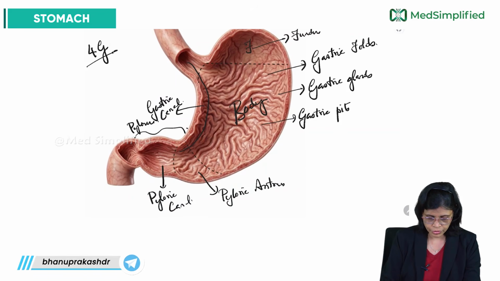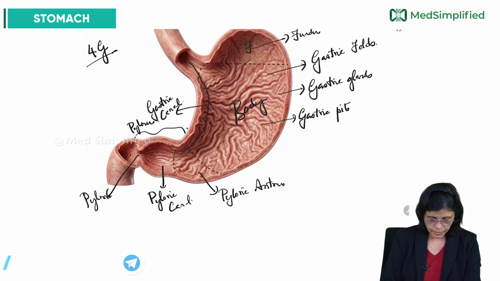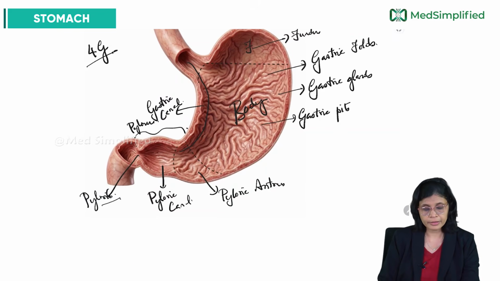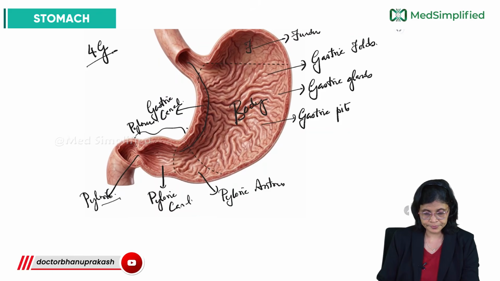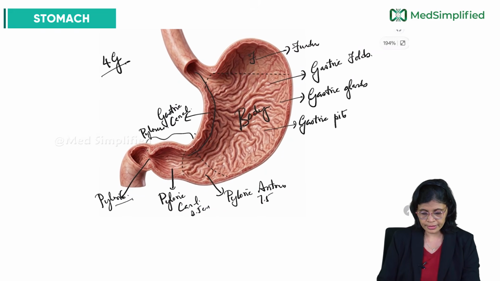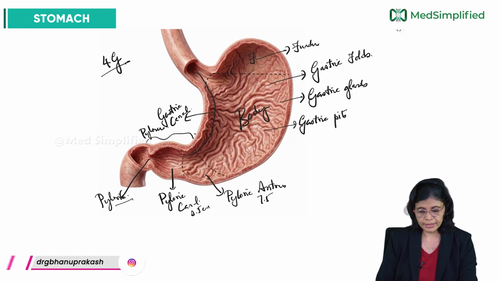This portion where it is narrowed we call the pylorus, that is the pyloric orifice part. The length of the entire pyloric part of the stomach is about 10 centimeters. The pyloric antrum will be about 7.5 and the pyloric canal about 2.5 centimeters. So that is about the interior features of the stomach.